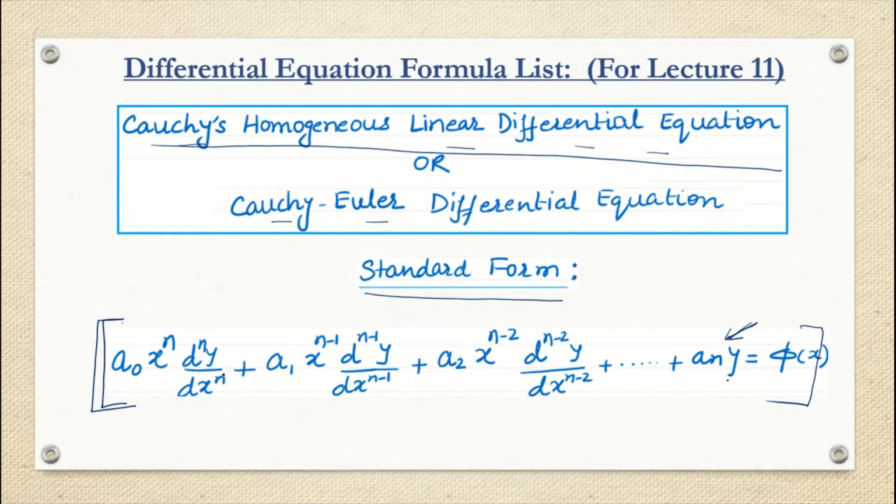The definition of a differential equation is that we can find the dependent variable and one or more of its derivatives present in the equation. We see dy by dx, which means y is the dependent variable and x is the independent variable. Everything we covered in the first lecture only.